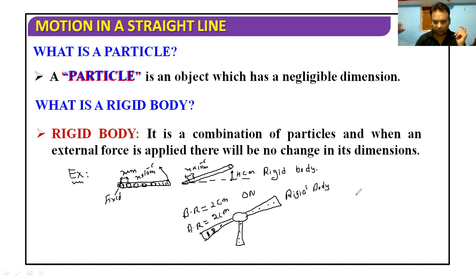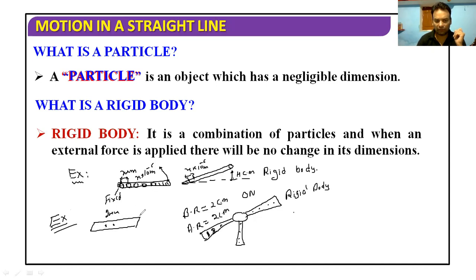Let me take one example of a body which is not rigid. I take a plastic sheet, and note the distance between these 2 points, suppose it is 2 millimeter.